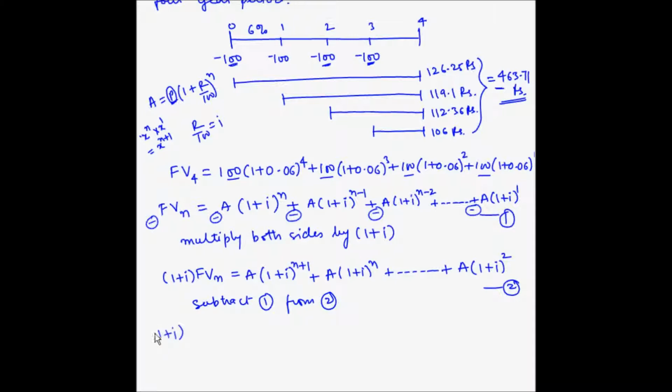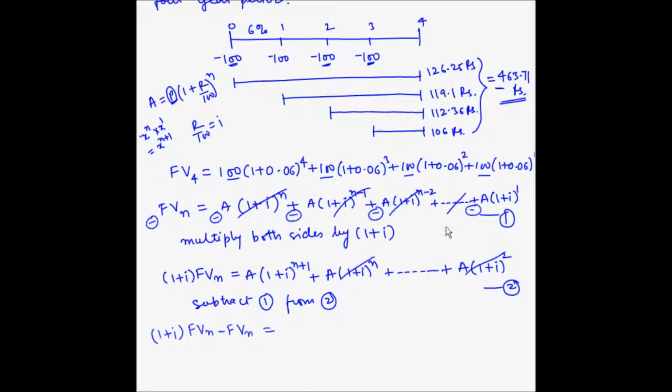So 1 plus I into FVN minus FVN is equal to, now this term gets cancelled with this term and so on, and also in the first equation there will be A into 1 plus I to the power 2, so this will get cancelled with this term here.